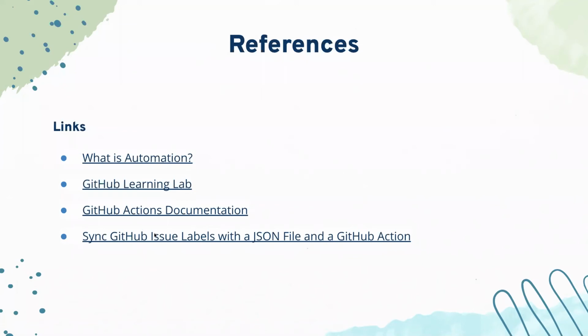The last link is a link to a YouTube video where they showed the same action, but they showed it being triggered only when you change the values in the JSON file. But I didn't want to do this, so I trigger it manually with dispatch workflow. Does this answer your question?